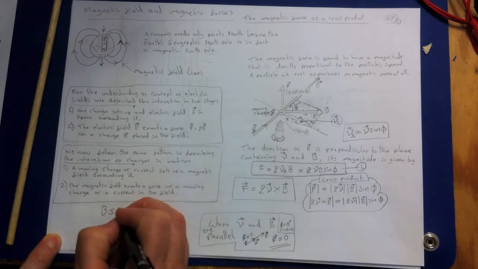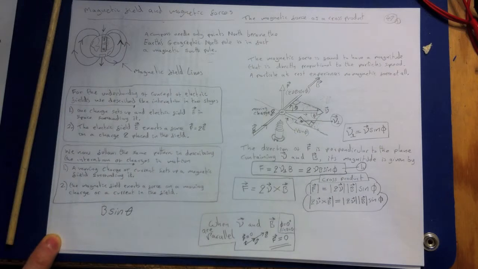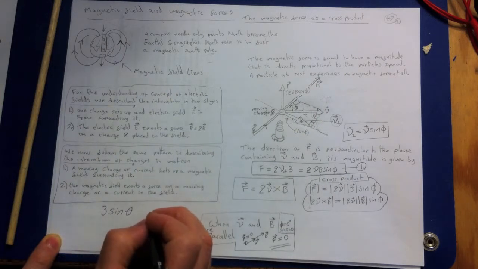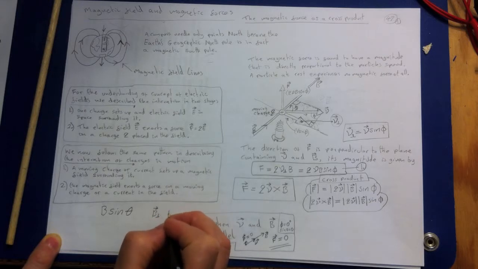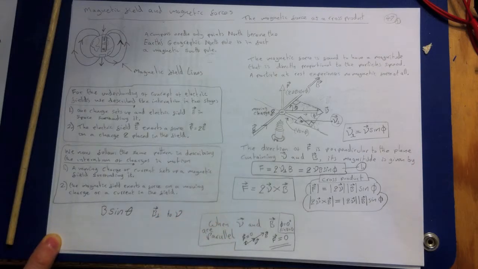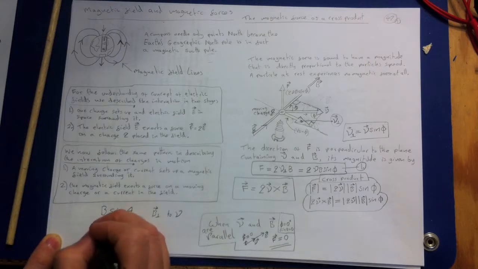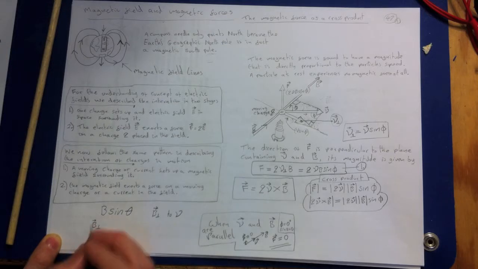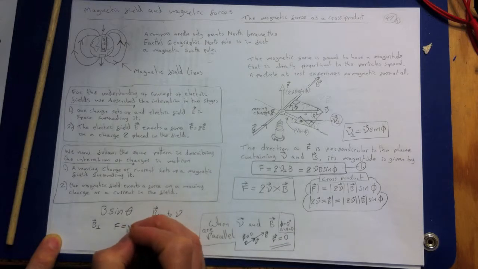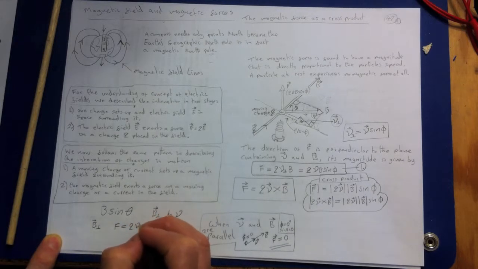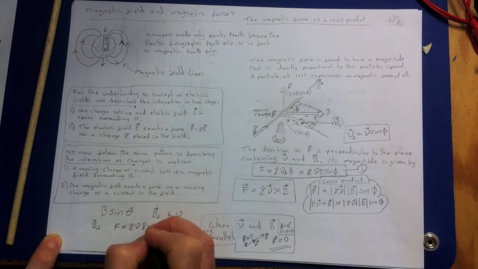Finally, we'll just note that we may interpret B sine theta as the component of B perpendicular to v. That is B perpendicular, giving F equals Q v B perpendicular.